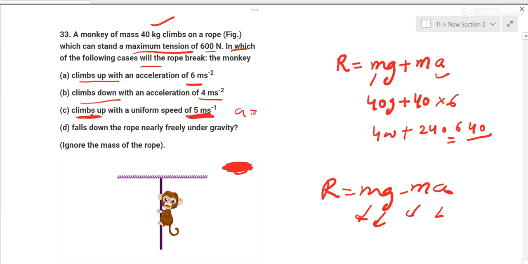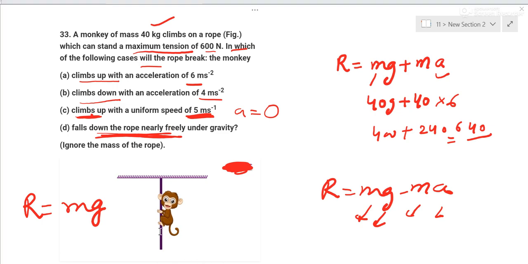Uniform speed means acceleration is 0. Whenever it is uniform speed, the apparent weight would remain as the actual weight. Then free fall means it is weightless. So in free fall, it is weightless. Then there is no problem to the rope.